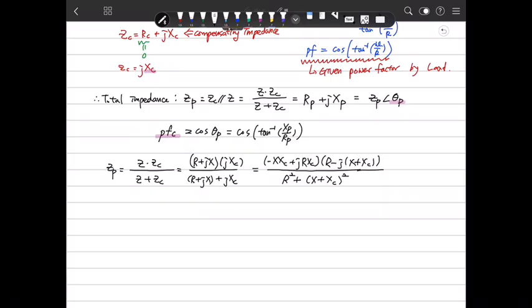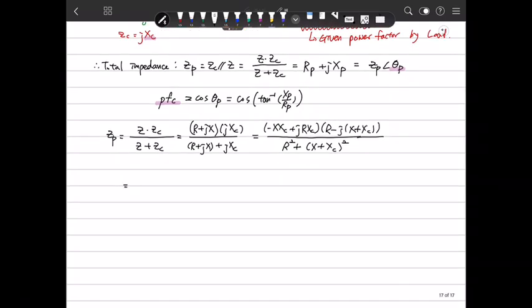So we need to simplify this. That will be a little complicated.